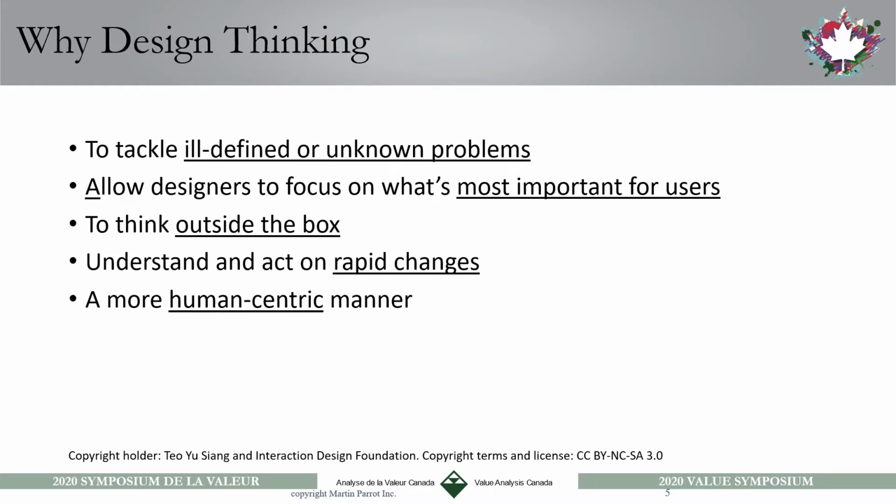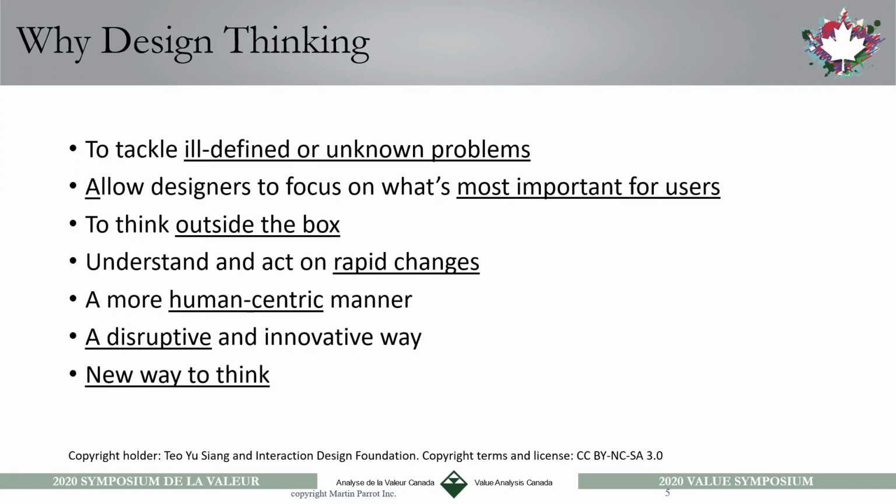And we don't always put the human in the center of that design in the value engineering, but this design thinking really wants to put the human in the middle. It's a disruptive and innovative way of solving problems. They say that it's a new way to think.